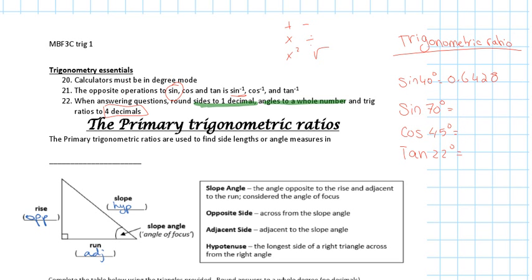The primary trigonometric ratios, sine, cosine, and tan, we call them SOHCAHTOA. We'll talk about what SOHCAHTOA stands for. They're used only with right angle triangles.